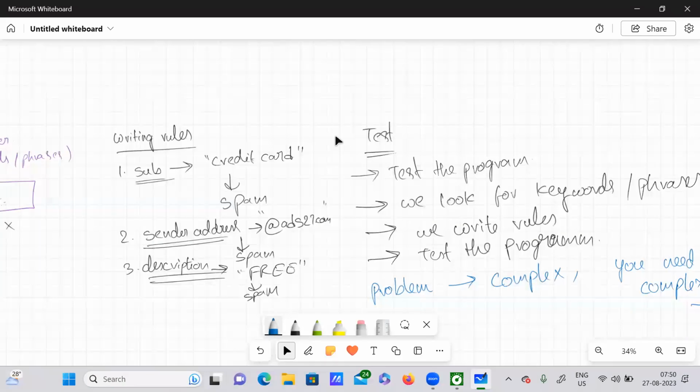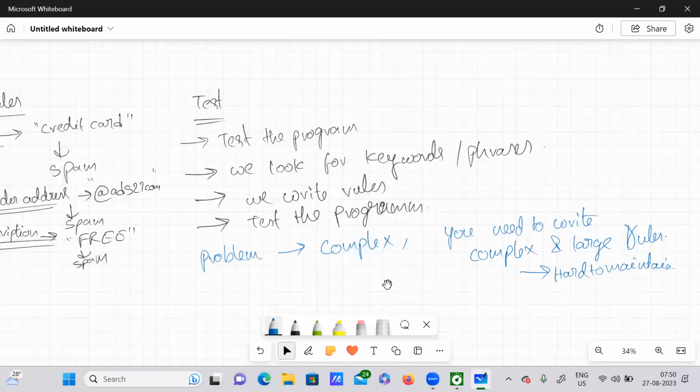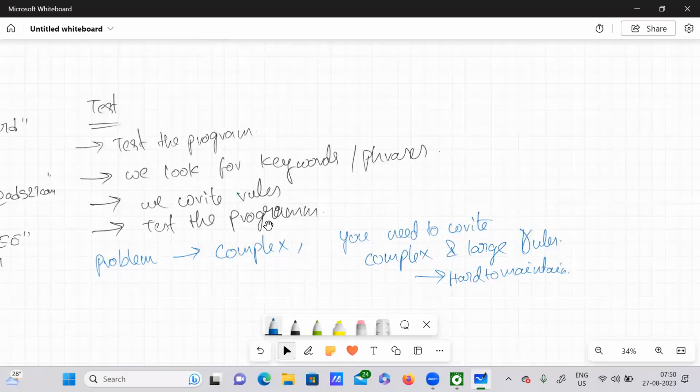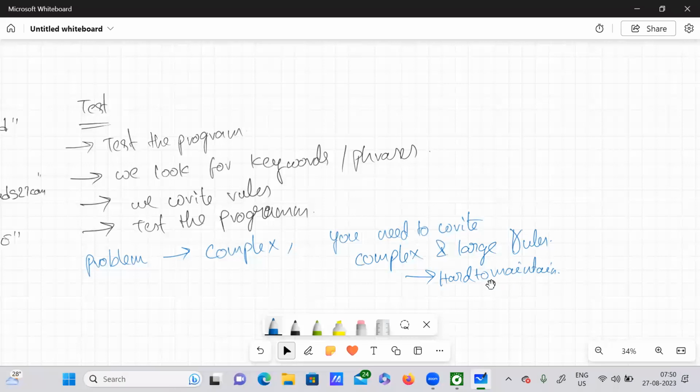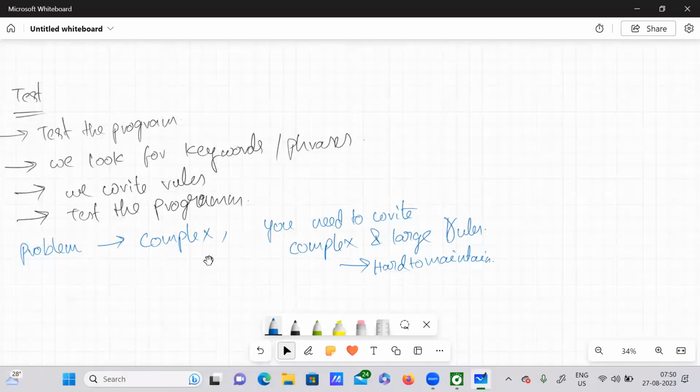I have explained how to write rules, how to find the patterns, and then how to test it or launch it. And what are the difficulties? If your problem is really complex, then you would need to write complex and large rules. This is very, very hard to maintain. So this is the main drawback of writing an algorithm using conventional methods.